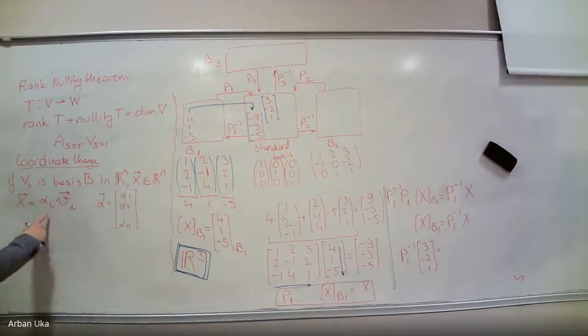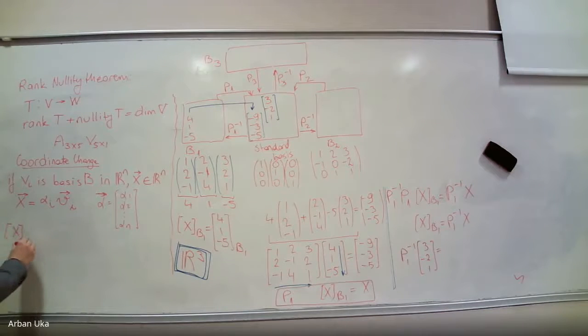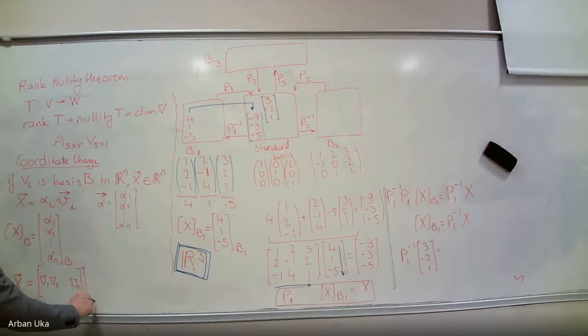Then, if this is the case, we can denote that X according to basis B is equal to alpha 1, alpha 2, alpha n according to the basis B. And then the vector X in the standard basis, SB, is going to be equal to a matrix holding these columns V1, V2, Vn, okay?